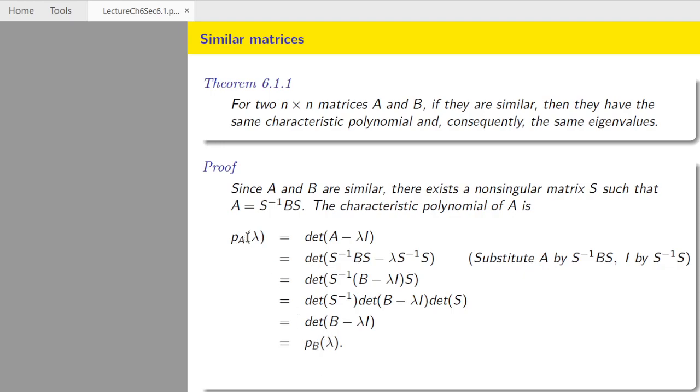Of course, their roots are the same. Their roots are the characteristic values, or eigenvalues, of these two matrices. So in this way, we proved the theorem.